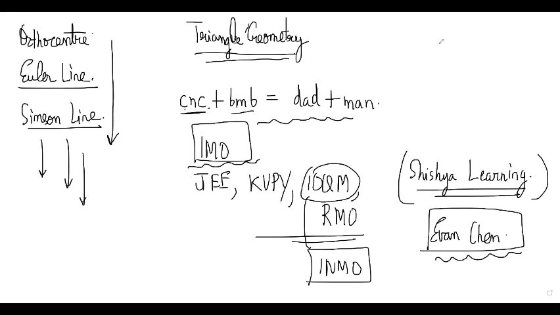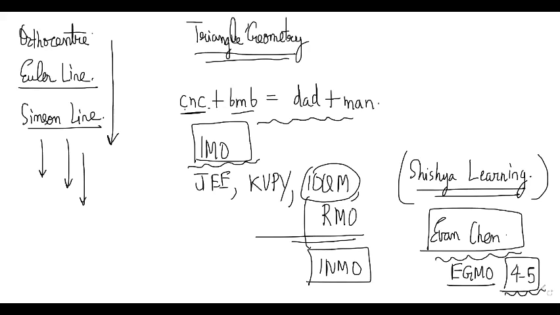Everyone knows the name Yufei Zhao, people are just naming him. Clear IOQM first, then read Yufei Zhao's notes. Seriously, guys, I myself don't understand the Yufei Zhao notes properly yet. From the EGMO book, the first 4-5 chapters you can do, but it will be super hard.